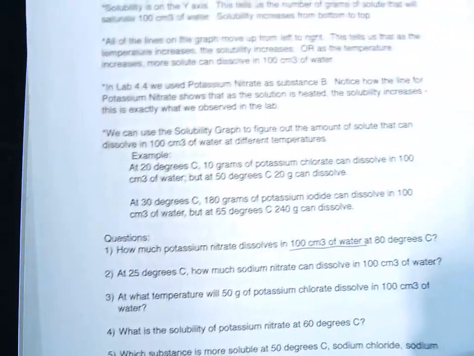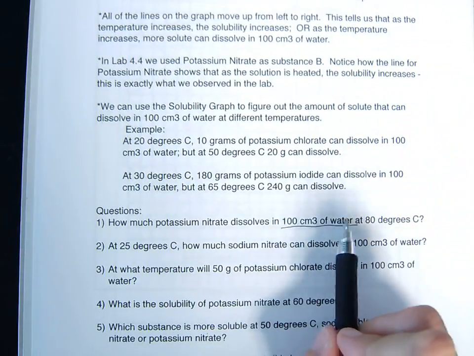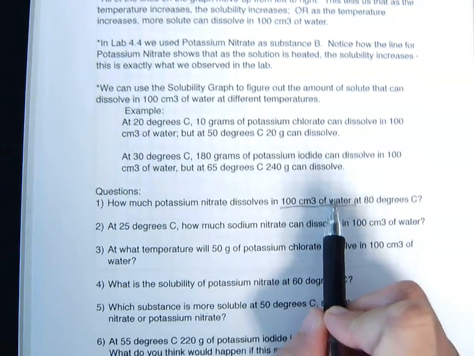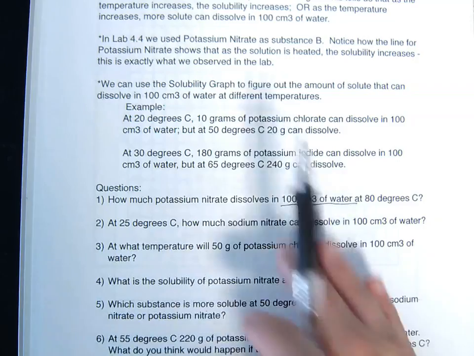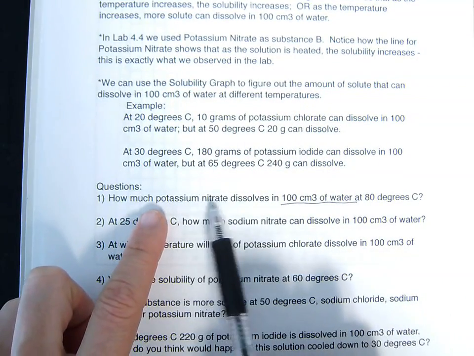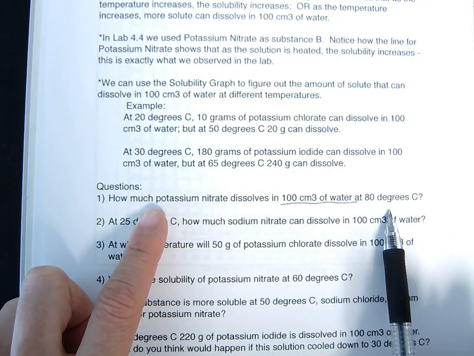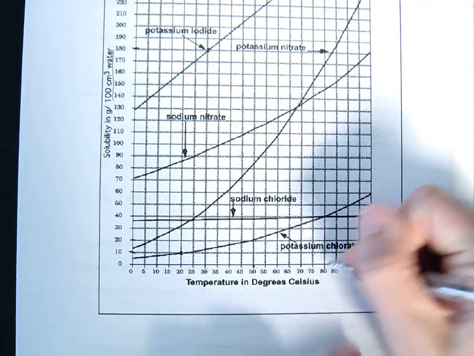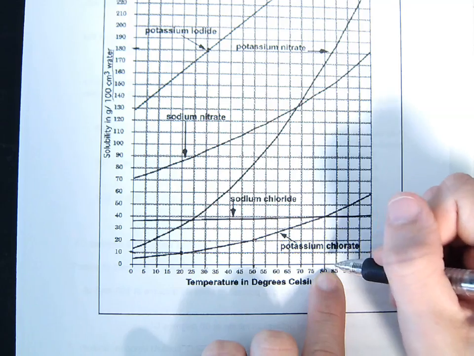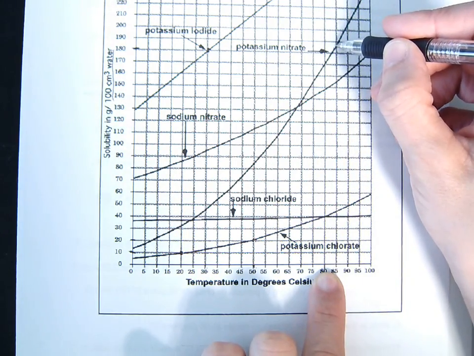So when you see this on here, you don't have to do anything with this number other than recognize that that's our standard. So now the question becomes, if you take that out, how much potassium nitrate dissolves at 80 degrees? So what we want to do is find 80 degrees on the graph and find where that intersects with potassium nitrate, which is this line here.